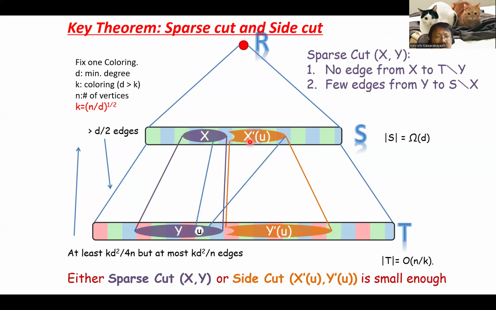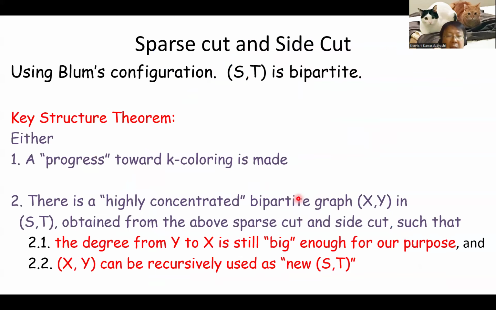And it turns out that this side cut is sometimes better. In fact, in most cases it's better, because the number of edges from y to x prime is on average bigger than the number from y to x. And it turns out this makes a difference.